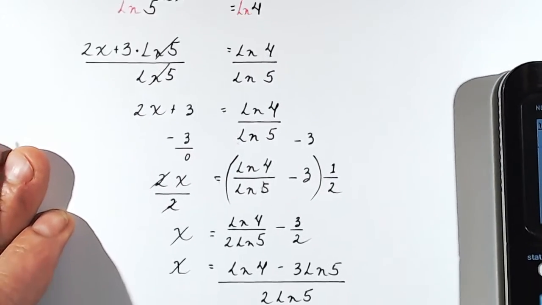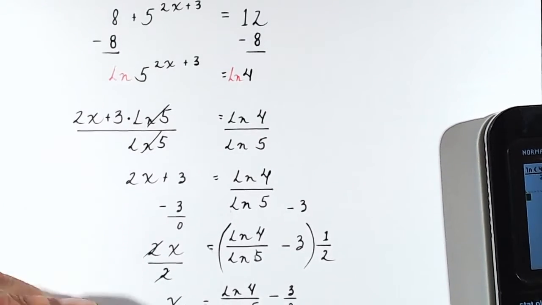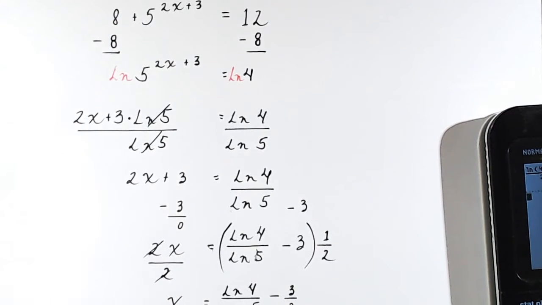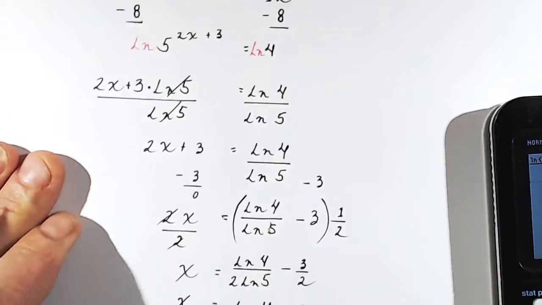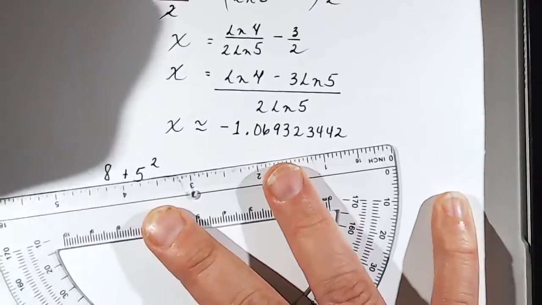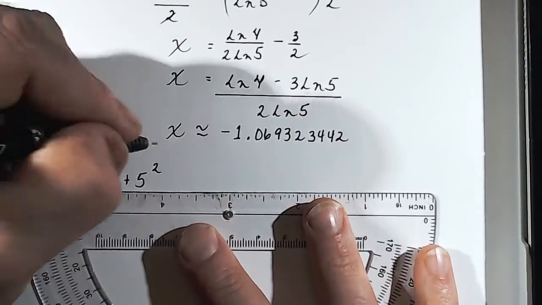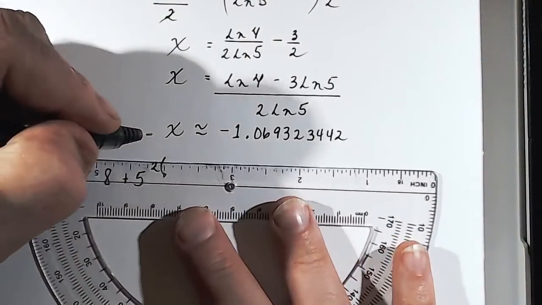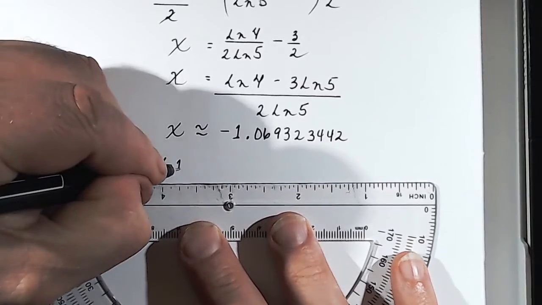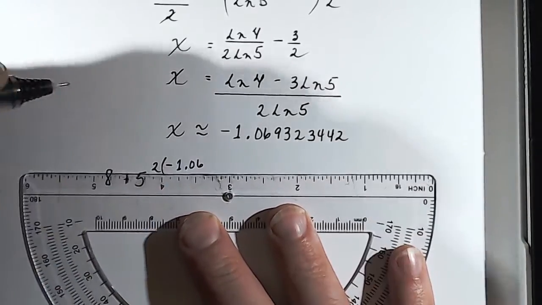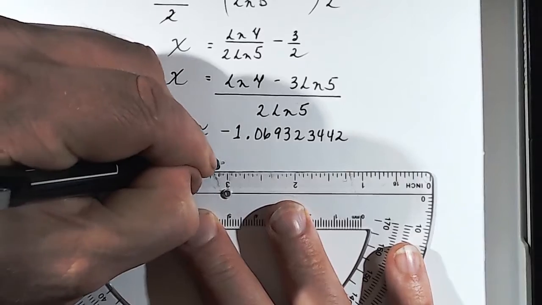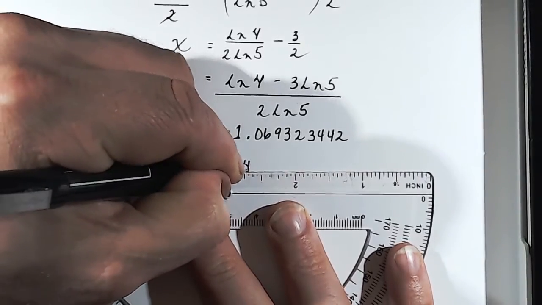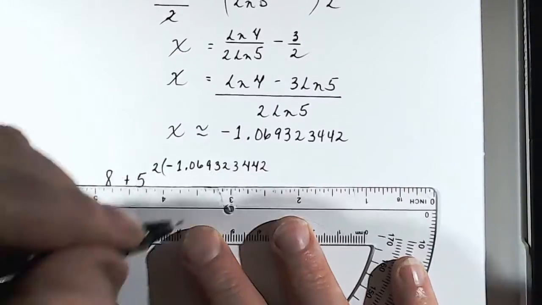So if I go in here and I write my original equation, 8 plus 5 raised to the power of 2. Oh, you can't see it. Sorry. Go up here. 8 plus 5 raised to the power 2, and then open parentheses, and we're just going to stick the x in there, which is negative 1.069323442, and again, it's just an approximation.